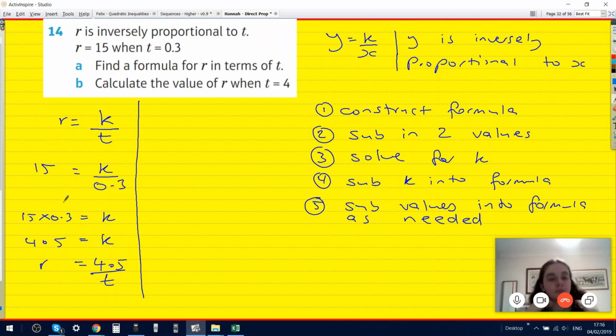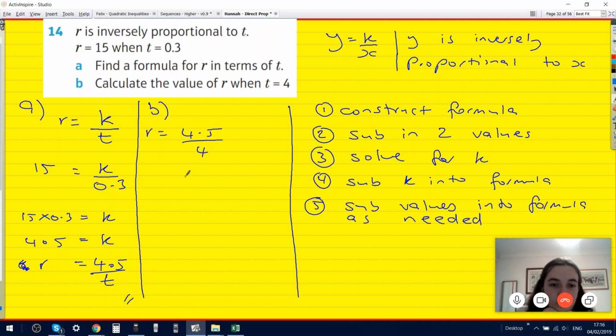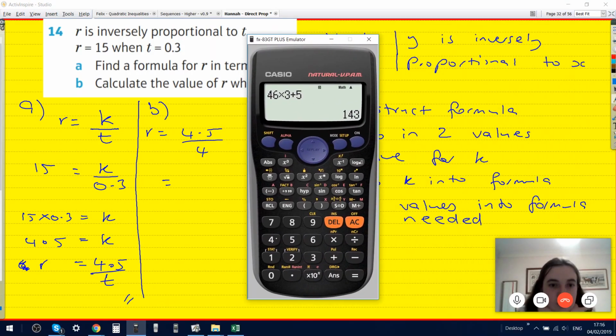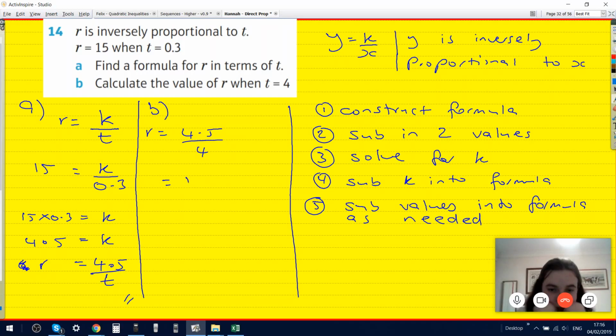Okay, that's part A. So part B. R equals 4.5 over 4. Yes, over 4. Nine over 8, 1.125. Let's say 1.125.